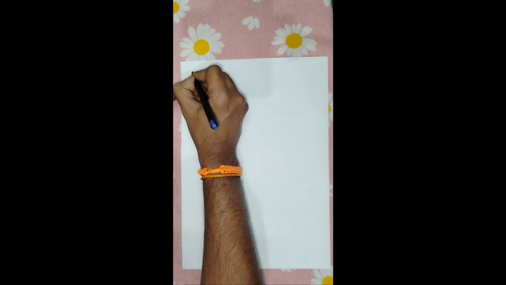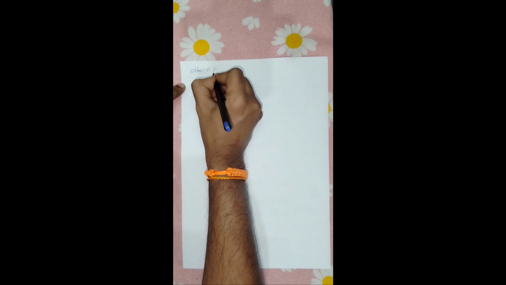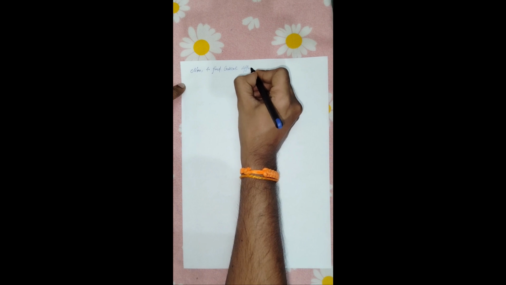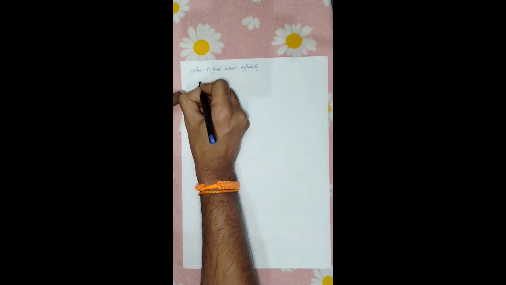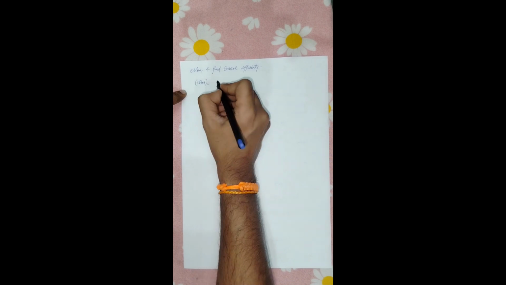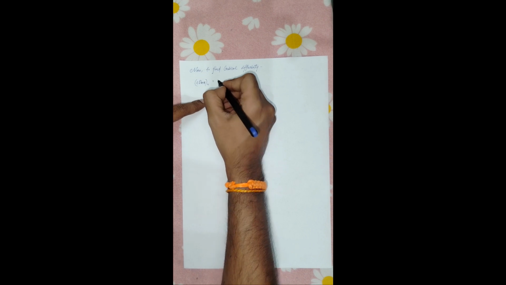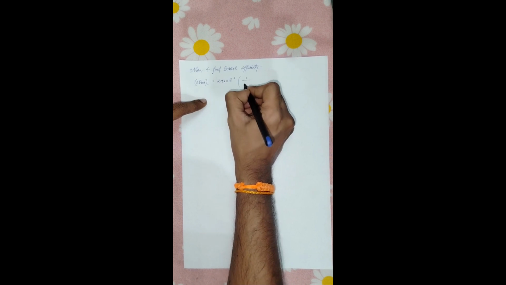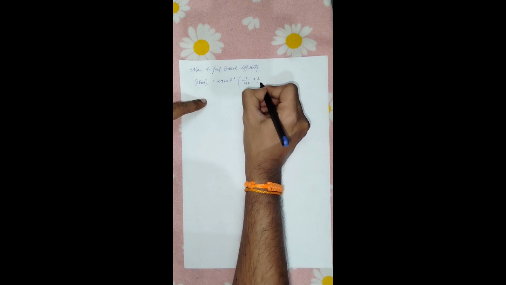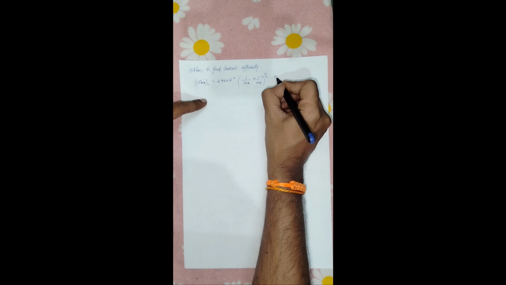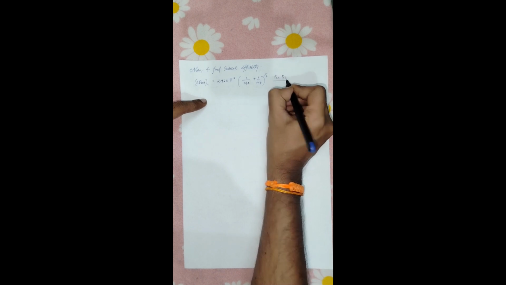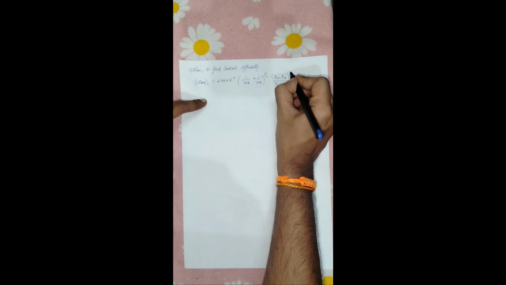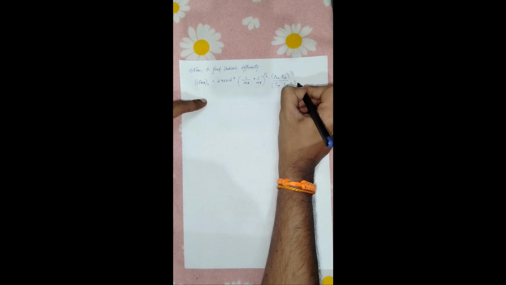Okay, so now to find critical diffusivity, CDAB of C, we have this relation: 2.96 into 10 to the power minus 6, 1 upon MA plus 1 upon MB to the power half, and PCA, PCB upon TCA, TCB, with this power 1 by 3 and this power 1 by 12.